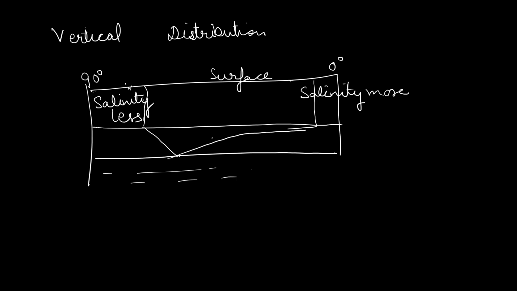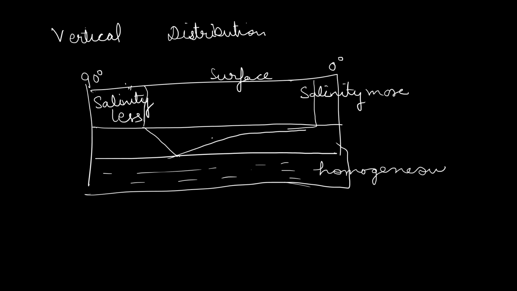At the deeper points, the salinity of both will be the same. It will be homogeneous. So going down, the polar regions would gain salinity, and in the equatorial regions it would reduce. That is why at some point we see a homogeneous distribution.